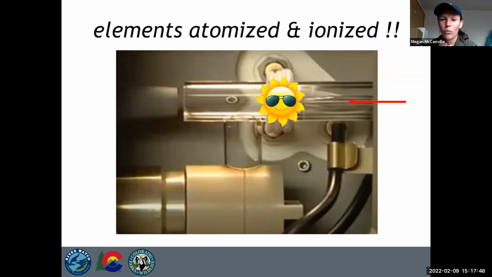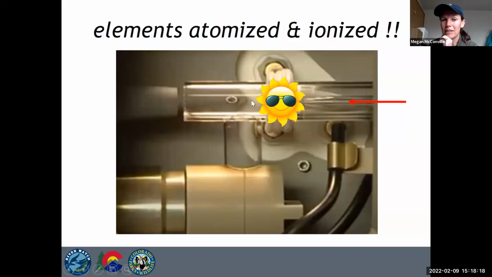Then we are creating a plasma, or basically the sun inside this instrument. So this sun allows these elements, copper, magnesium, sodium, to be atomized and ionized. During this process, as these elements get excited, they emit light, and they emit light at known and specific frequencies or wavelengths.